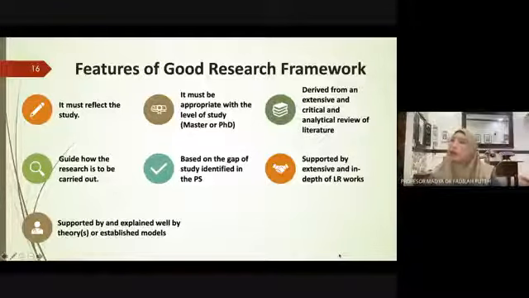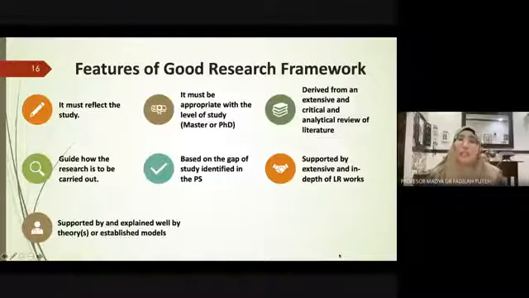In your research framework, you have highlighted these factors, but why are these factors not discussed in your problem statement? Where do these factors come from? When looking at the literature review, this is where the student gets caught, that the literature review is just merely reporting. And then the next one is that the research framework should be supported by extensive and in-depth literature review work.